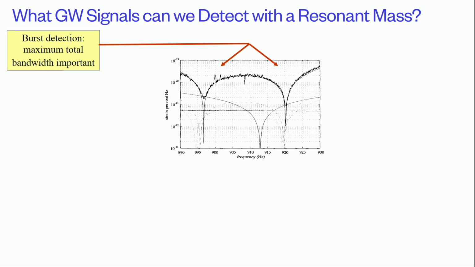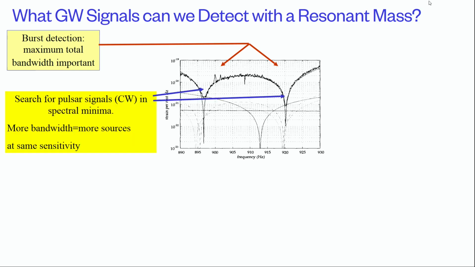Back in the day, we were going to detect a supernova in the galaxy, which didn't happen when they were running, so we never detected anything. That was the most important thing, so people were trying to figure out how to do that. We can search for pulsars, but you want that to be in your minimum. If I'm searching in the middle here, I've got less sensitivity. I can still do it, but you want to be here.